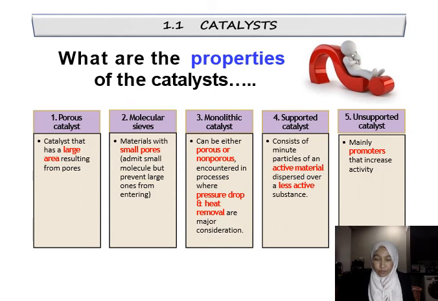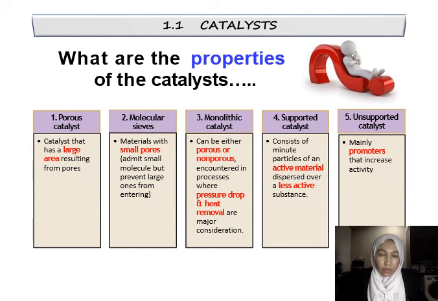Catalyst form, it can be porous, it can be molecular or monolithic, and the catalyst can be in supported form or maybe in unsupported form. These types of catalyst form you can find in other reading materials, but basically a porous catalyst, by definition, is a catalyst that has a large area because of the pores.